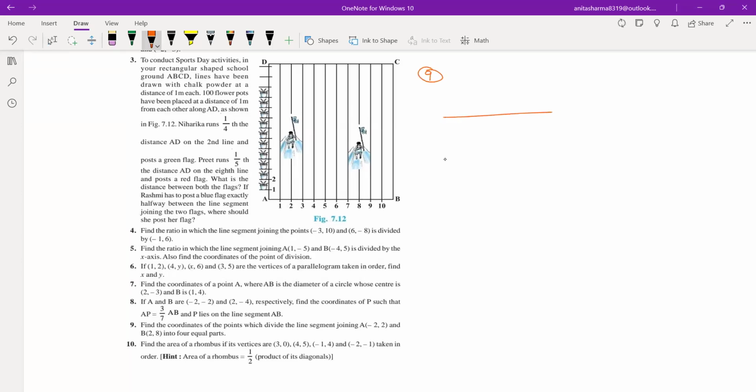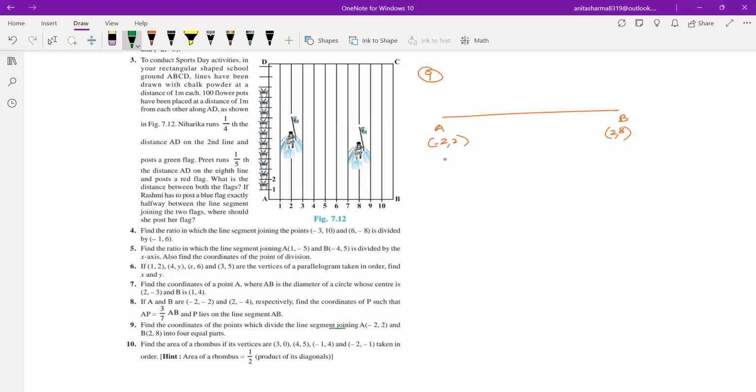Any idea, beta? Moksha? Ma'am, what we have to do? Ma'am, one midpoint doubt maybe. No, there is no need for midpoint.